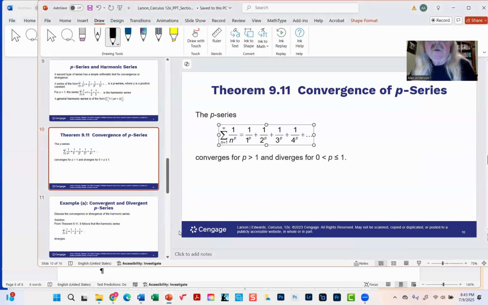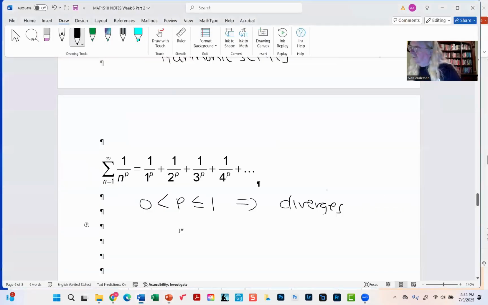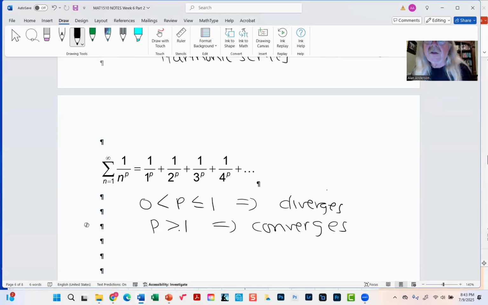If it's greater than 1, then it converges. And you can see why, because if it isn't greater than 1, then the terms won't keep getting smaller, which is what we need for their sum to reach a specific value. So that's why p has to be greater than 1. We want those terms to keep getting smaller so that when we add them up, we eventually reach a specific constant.